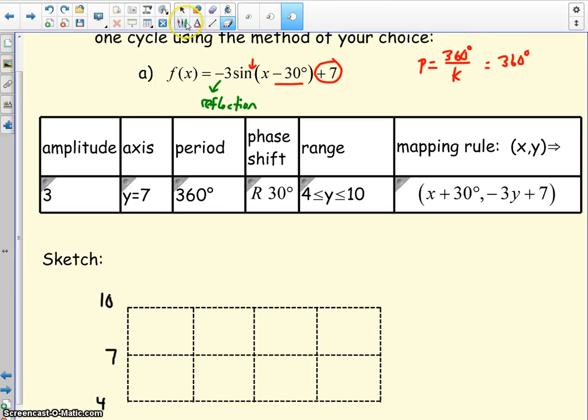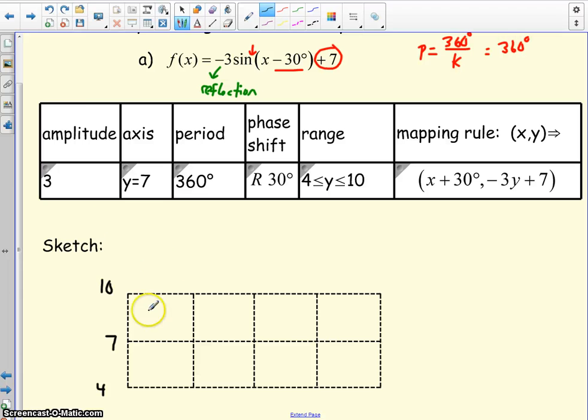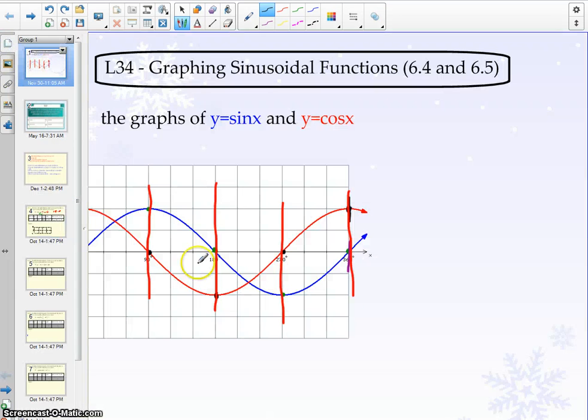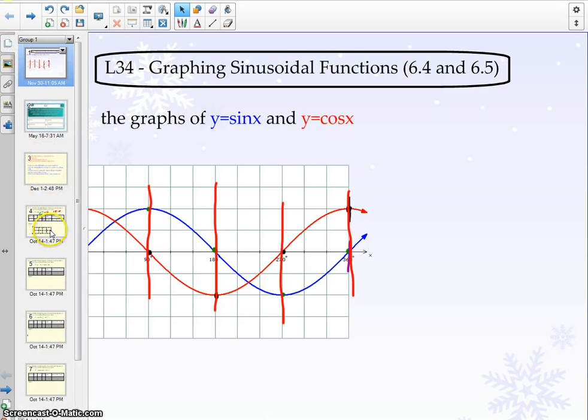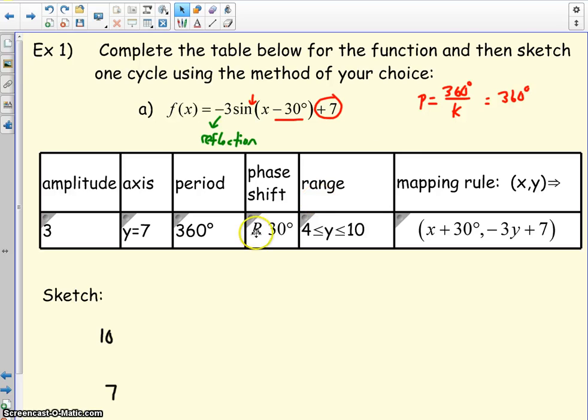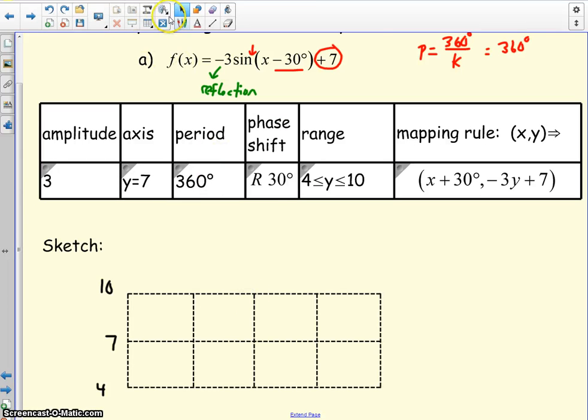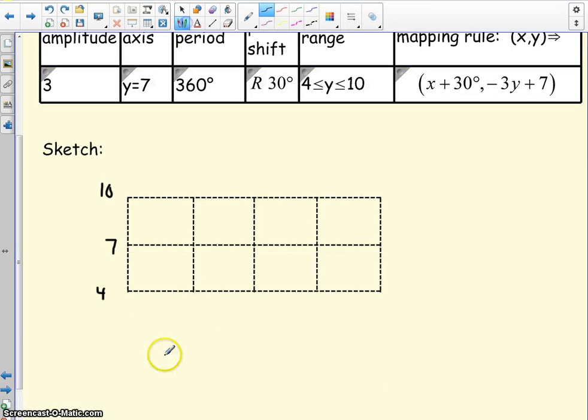One thing I'm going to do first is figure out where my cycle starts. On our parent functions, our first cycle starts at 0 degrees for sin x and for cos x. The start of that cycle has been shifted, in our case, right 30 degrees. So instead of our cycle starting at 0, it's now going to start at 30 degrees.